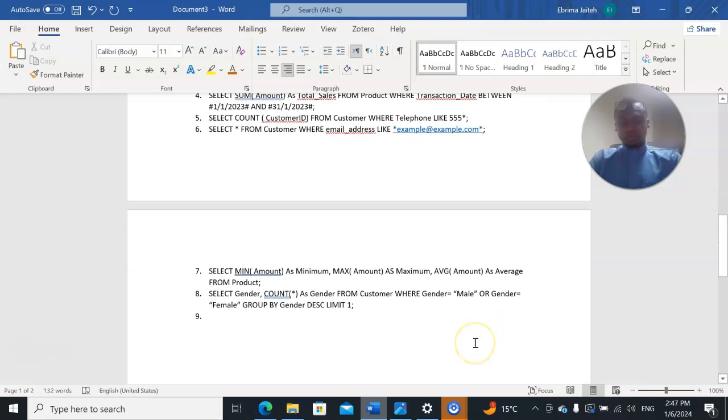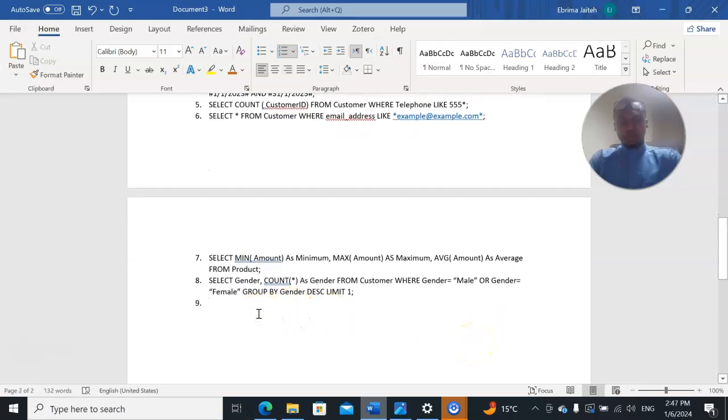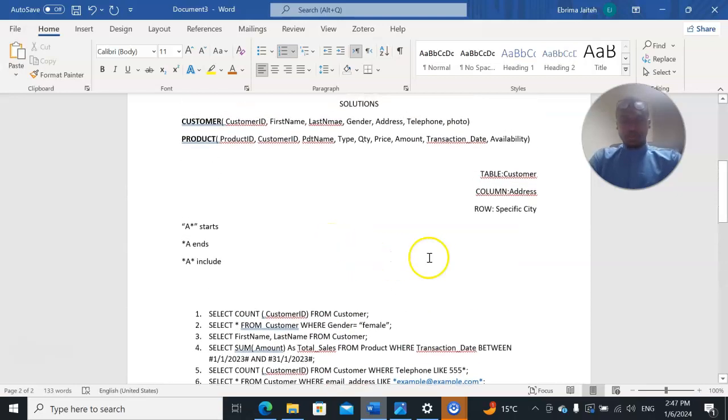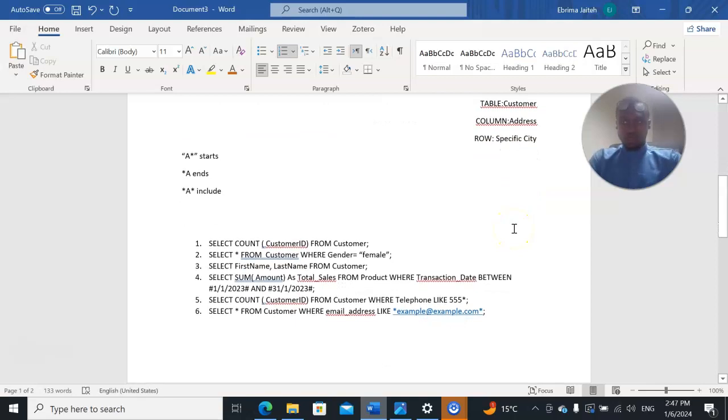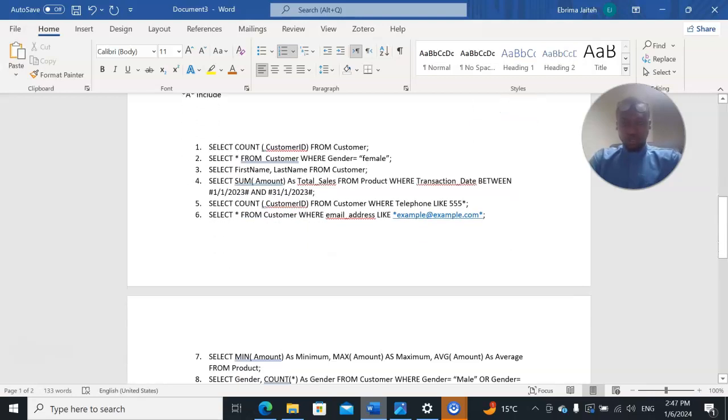Select all from customer, where the address equals to this and that.